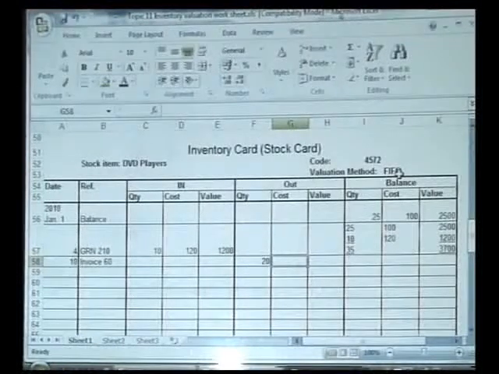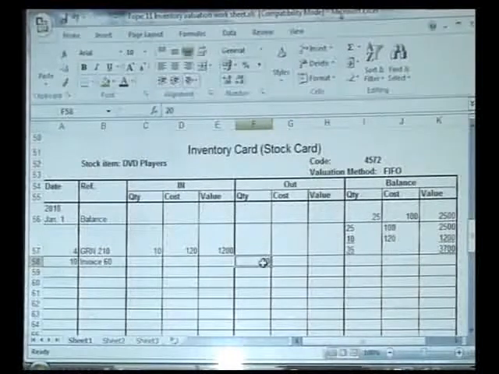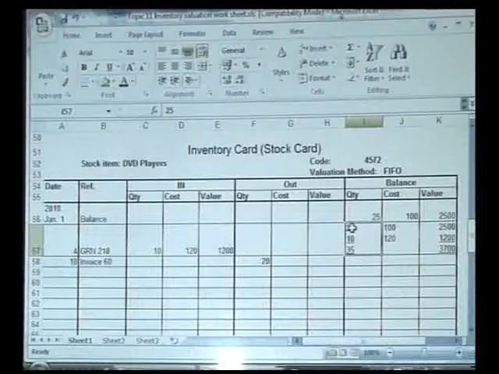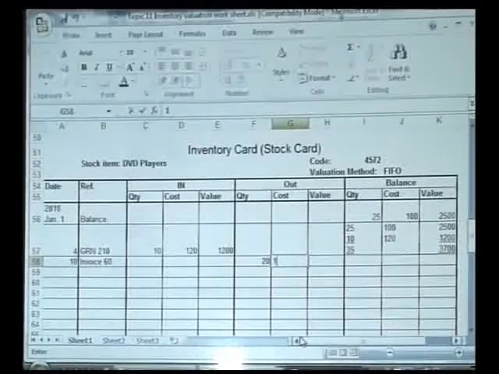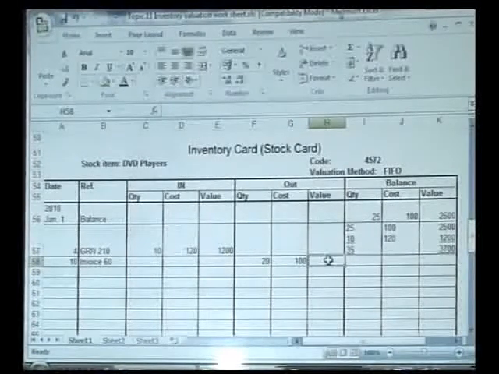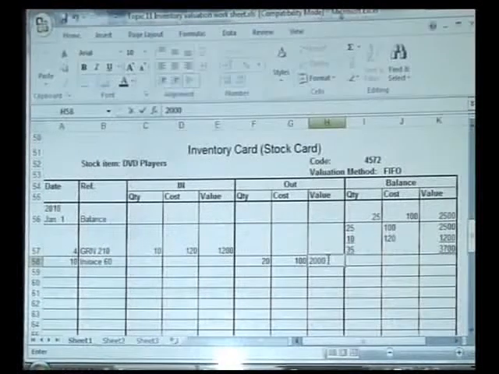This is the first in first out method, and this 20 is issued out of this 25, that is the old stock. There are 2 layers, and if it is first in first out, take 20 out of 25 and assign the cost. Then 2000 kina.